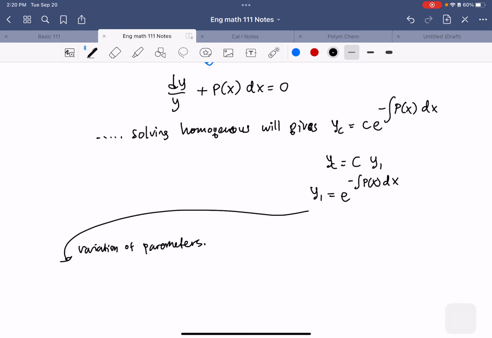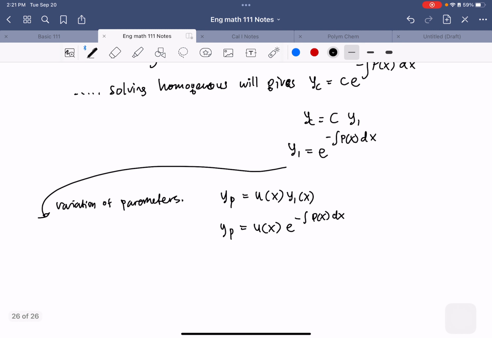So the basic idea here is we want to find this yp. We need to find yp equal to u(x) y1(x). And we know that for y1 we have e. So we can write yp is u(x) times e to the power of negative integral of p(x) dx.